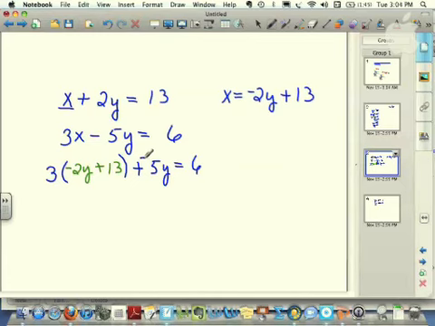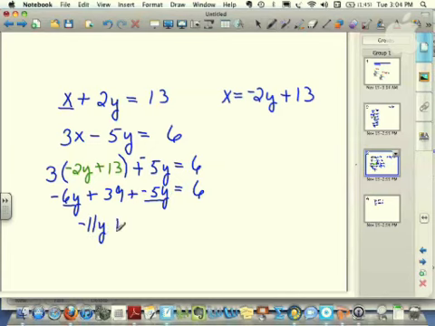I'll have to distribute the 3, and I'll have negative 6y plus 3 times 13, 39, plus negative 5y equals 6. I can put my two like terms together. Negative 6y and negative 5y is negative 11y plus 39 equals 6.